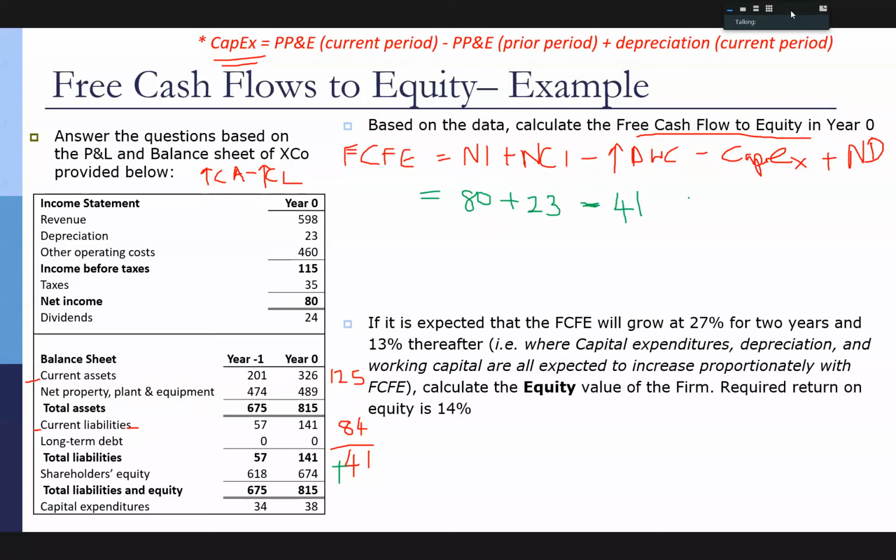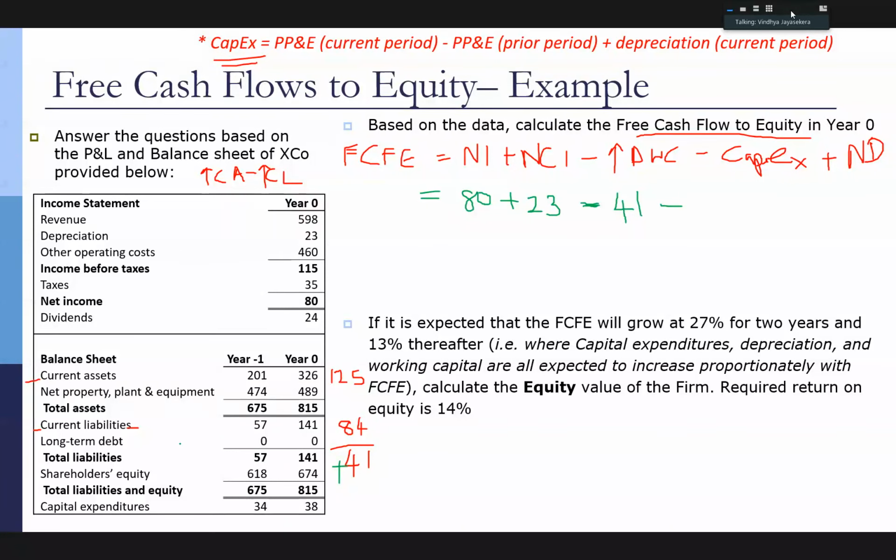Yeah. Minus capex. How much is capex? Capex is the change in property, plant, and equipment plus depreciation. It's like this, right? Capex is actually the change in gross property, plant, and equipment. Okay. That's capex.